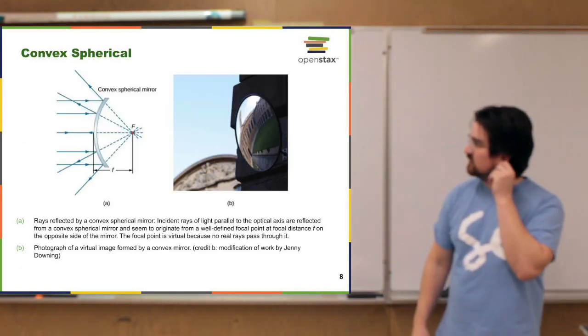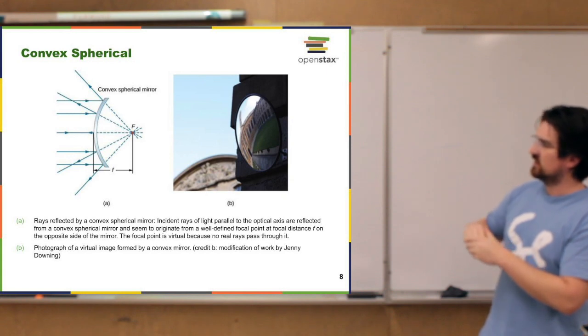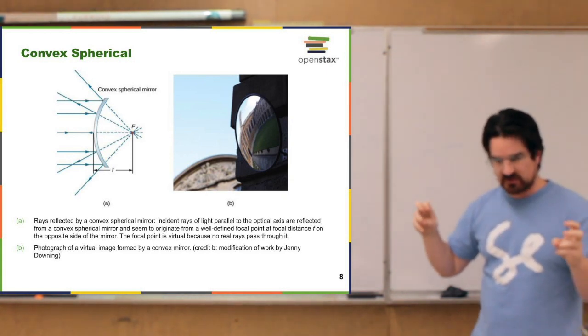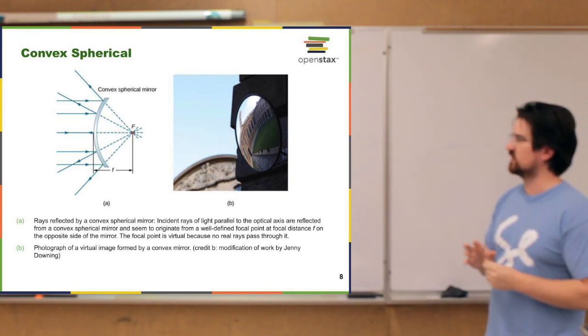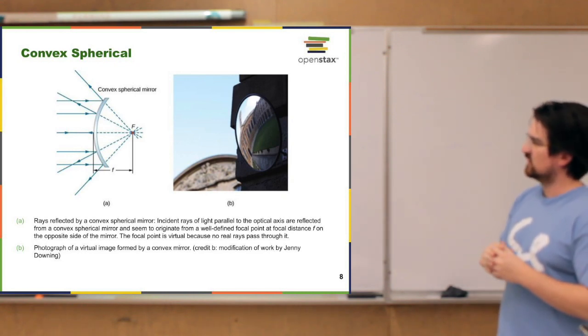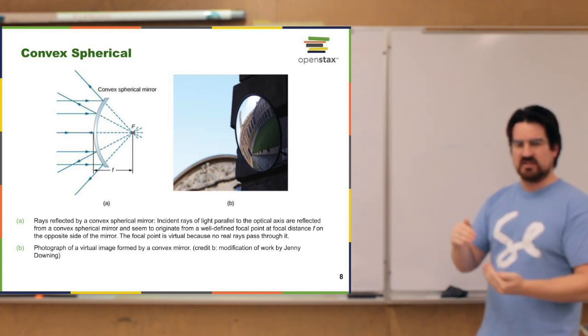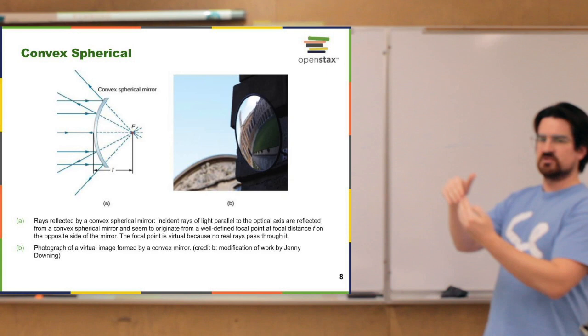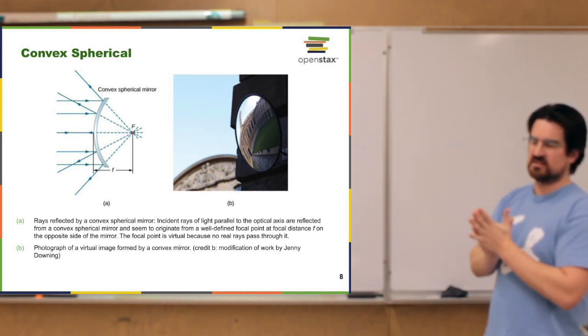So not to leave convex spherical mirrors out, here's a little diagram of a convex spherical mirror. Again, we're just thinking of small mirrors, a small section of a larger circle if you were to extend it out. We care about that because it approximates the parabolic mirror, so the light rays that come in parallel all act in the same way.